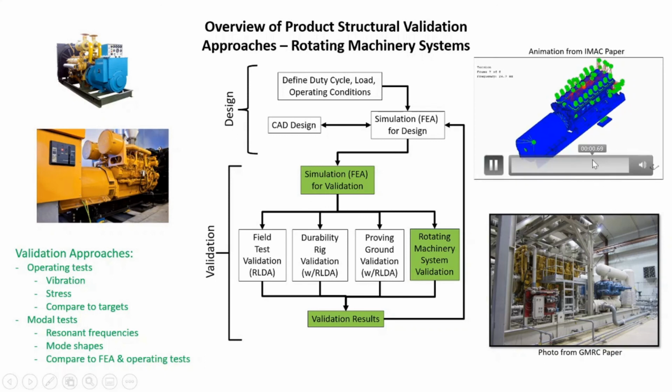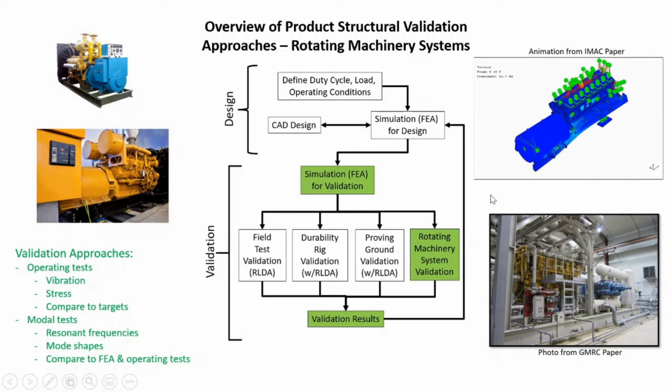And again, we use a finite element model to help us identify strain gauge locations, for example. And we use operating tests of the system to measure vibration and stresses, and compare them to targets. In addition, often modal tests are used to identify resonant frequencies and mode shapes, and to compare these types of test results to the finite element analysis as well as the operating test information.